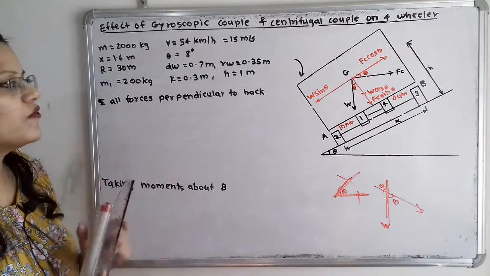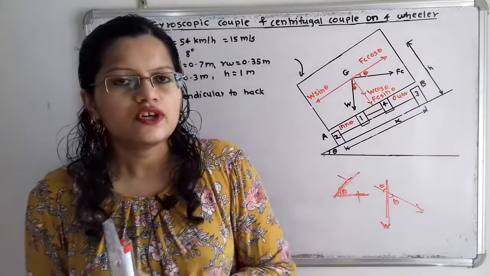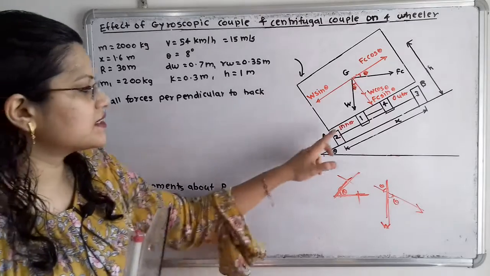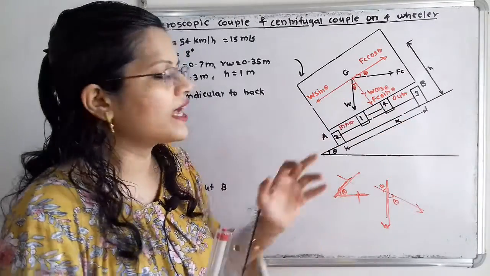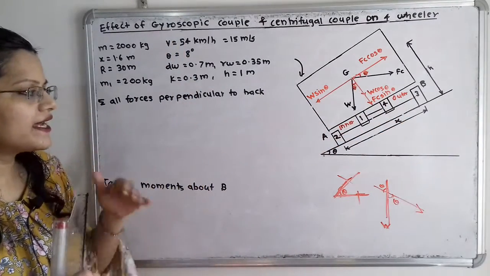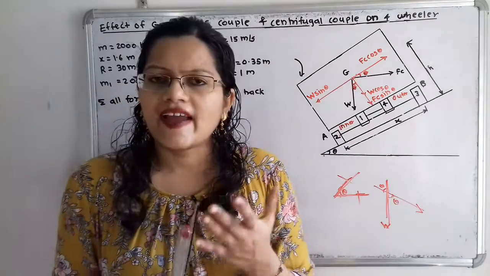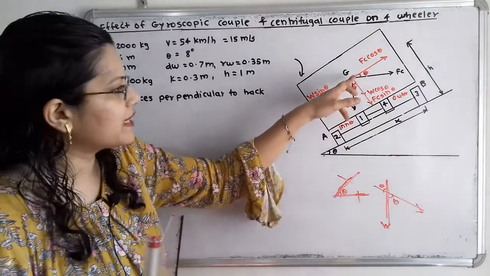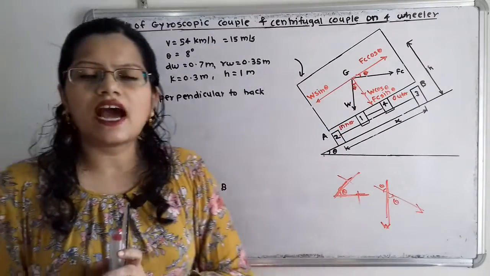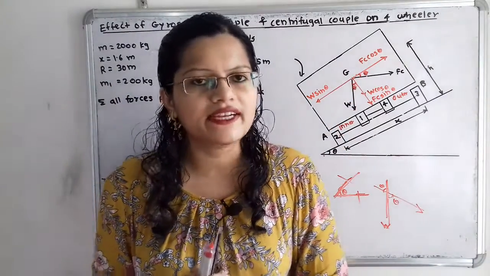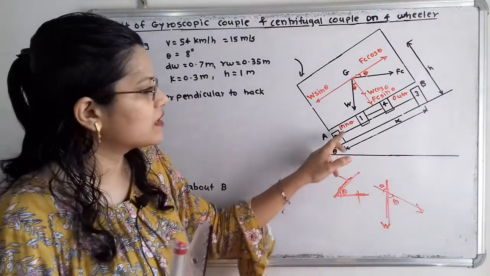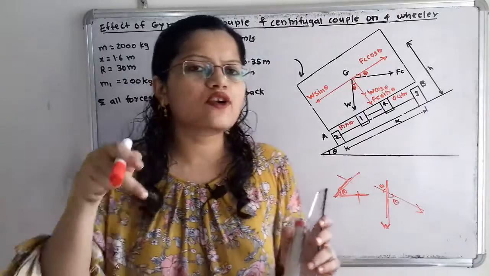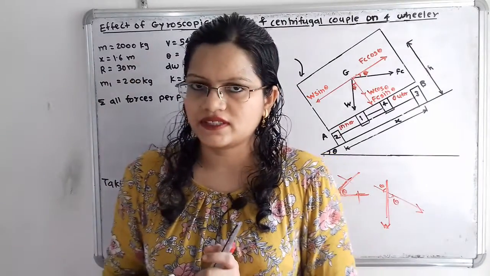Now we will move to the next step. What is the first step? Here if we observe, this is the inner wheel and these two are the outer wheels. So we will take here the reaction. Reaction is taking place because this weight W is acting in the downward direction, and this weight is carried by these four wheels, 1, 2, 3, 4, and these four wheels are in contact with the road surface.